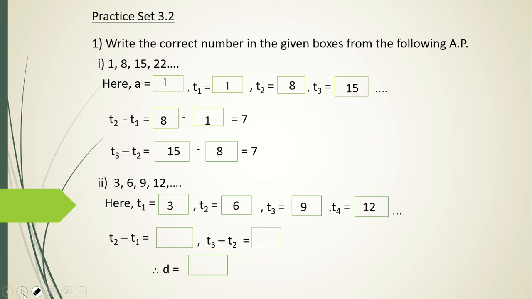Now T2 minus T1 is 6 minus 3, that is 3. T3 minus T2 is 9 minus 6, that is again 3. So the difference is common, 3. D is equal to 3 therefore.